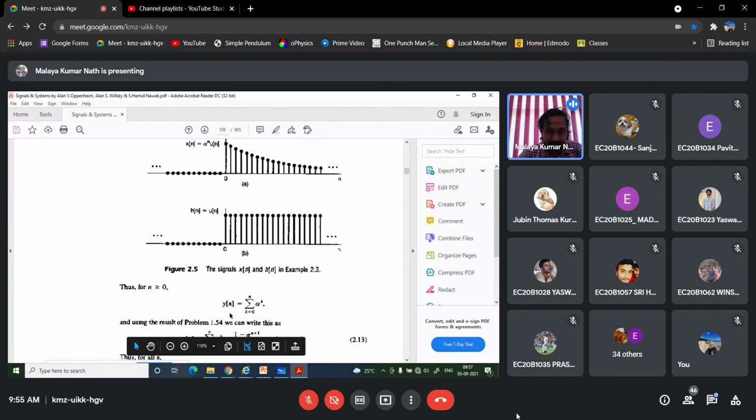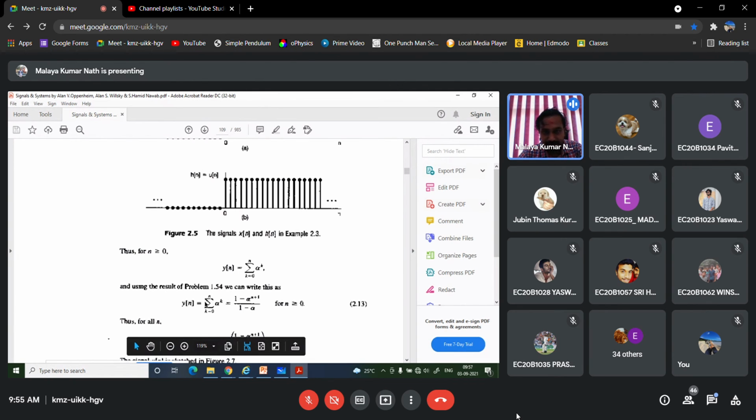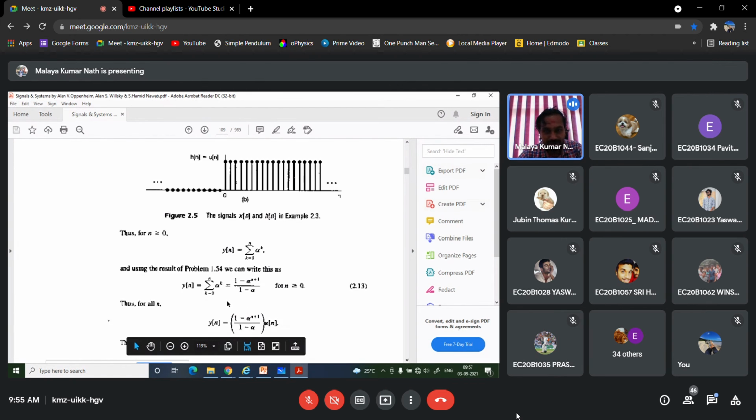So now after convolution, y of n is equal to the sum from k equal to 0 to n of alpha to the power k. So this is the value that is y of n equal to 1 minus alpha to the power n plus 1 divided by 1 minus alpha. Now what is this value? When n becomes equal to 0, this becomes 1 minus alpha by 1 minus alpha, which gives rise to 1.